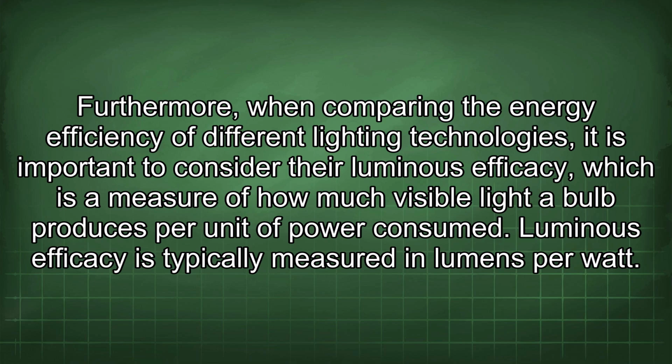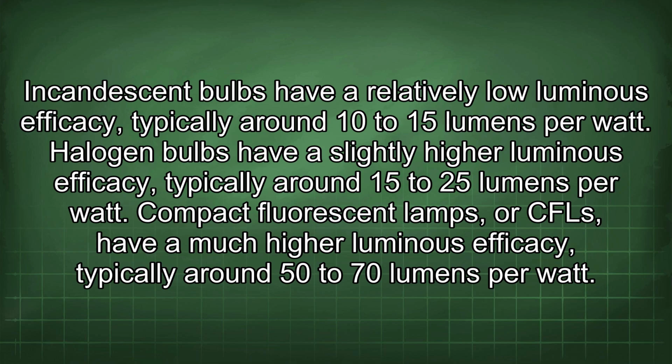Furthermore, when comparing the energy efficiency of different lighting technologies, it is important to consider their luminous efficacy, which is a measure of how much visible light a bulb produces per unit of power consumed. Luminous efficacy is typically measured in lumens per watt. Incandescent bulbs have a relatively low luminous efficacy, typically around 10 to 15 lumens per watt.